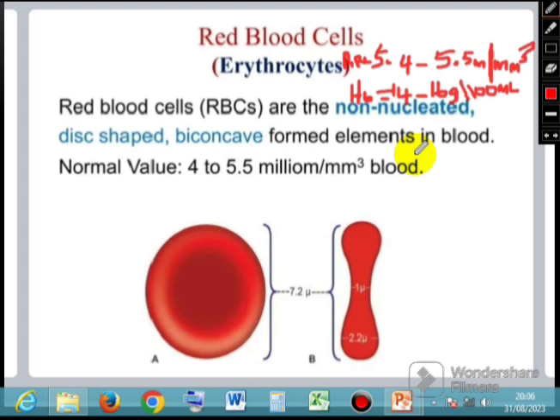However, in a healthy adult female, there are about 4.8 to 5.0 million red blood cells per cubic millimeter.